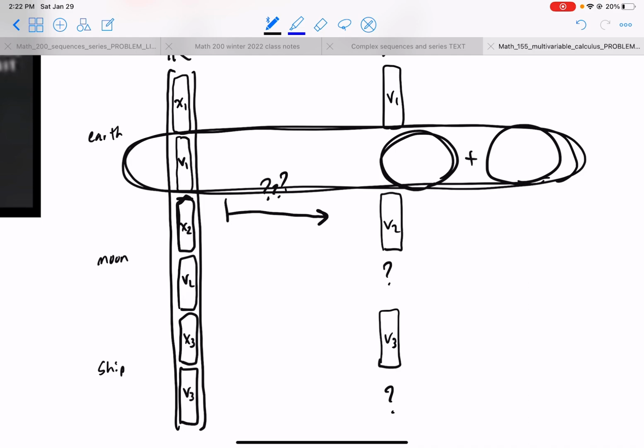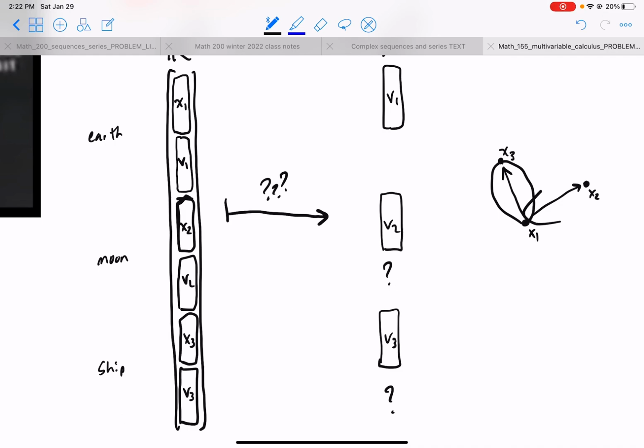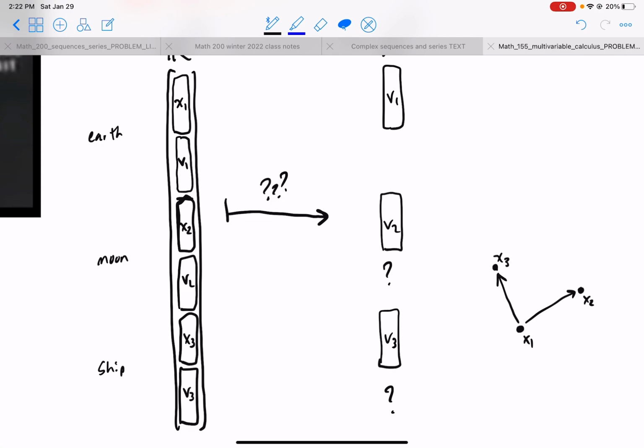If the Earth is here, then it'll be pulled towards the ship a very small amount, and towards the moon a very small amount. You see this vector is x3 minus x1. This vector is x2 minus x1, final minus initial. So I need some amount of x2 minus x1 and some amount of x3 minus x1, and I will add them together.